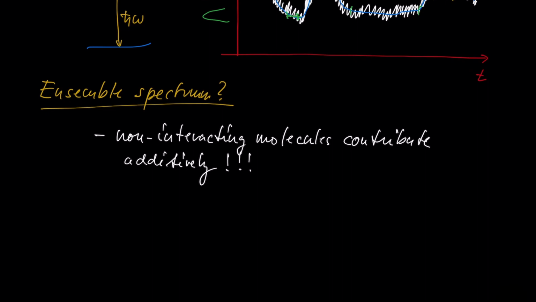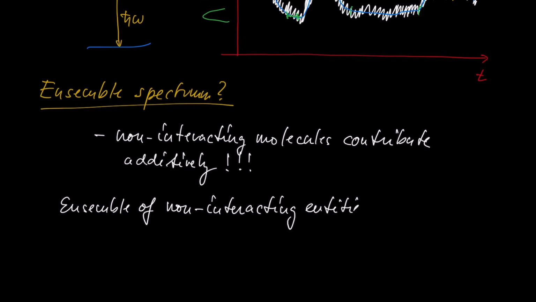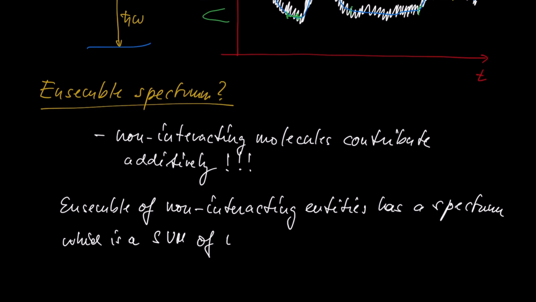So an ensemble of non-interacting entities has a spectrum which is a sum of individual spectra.